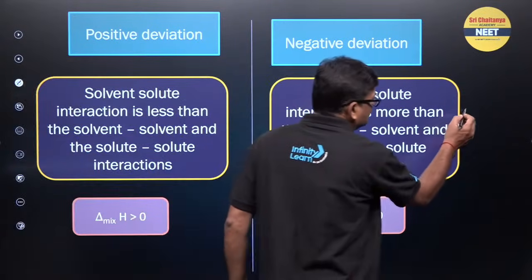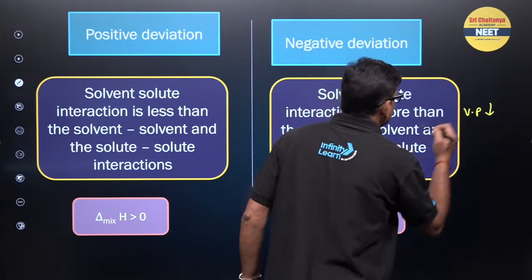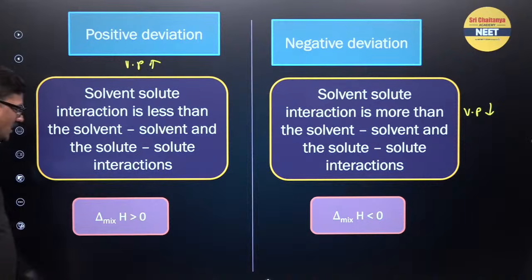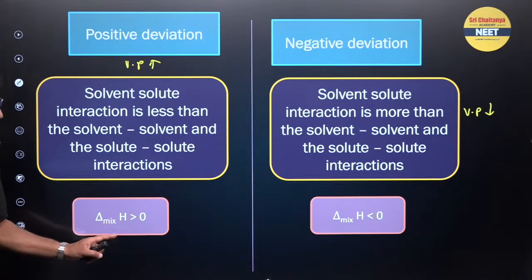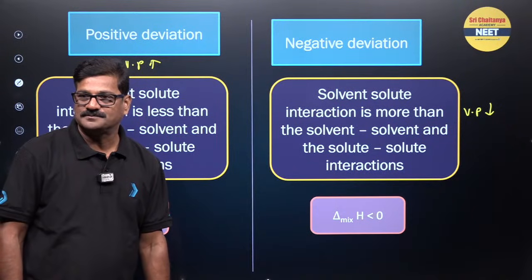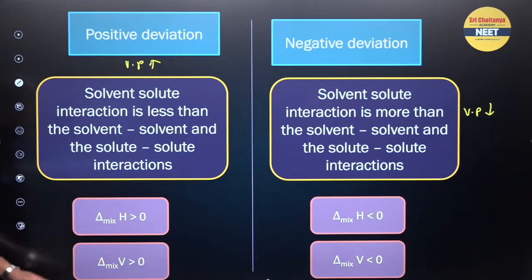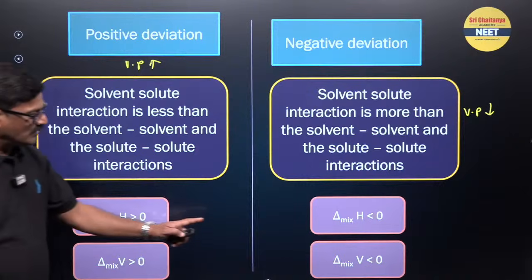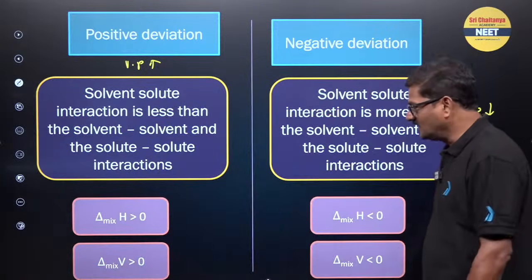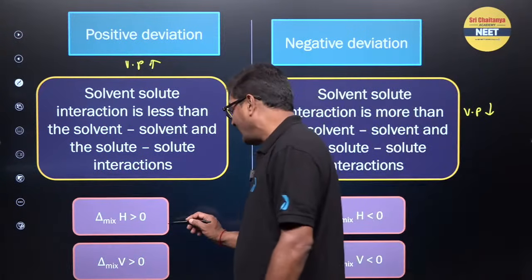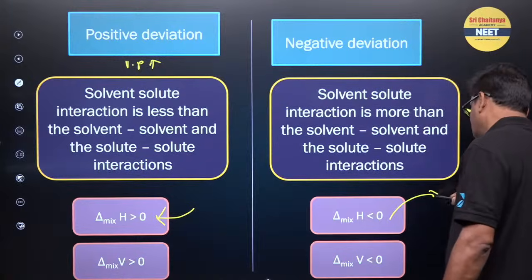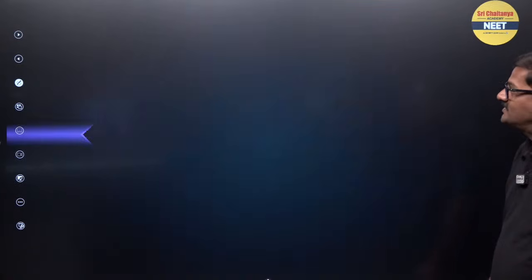So in negative deviation vapor pressure decreases and in positive deviation vapor pressure increases. Delta H mix is greater than 0 in positive deviation and less than 0 in negative deviation, and V mix is greater than 0 in positive and less than 0 in negative. Delta H greater than 0 means heat enters into the system, otherwise heat is released out of the system.